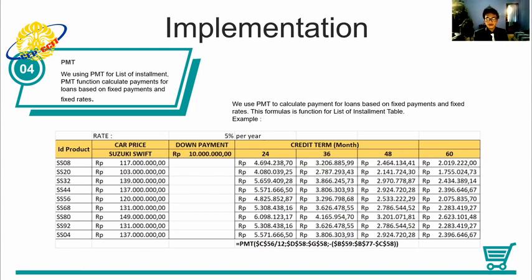This is the example of the PMT that we use in this project. For example, we want to use a credit for a Suzuki Swift for ID product SS08. We want to pay that for 24 months. So we pay 4 million rupiah for 1 month, and we do that for 24 months.